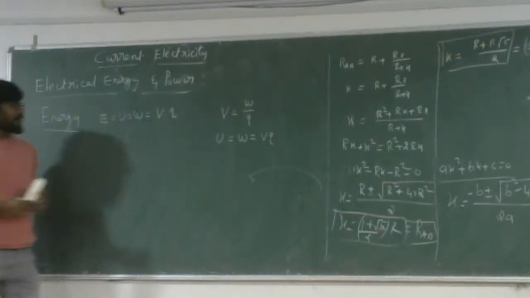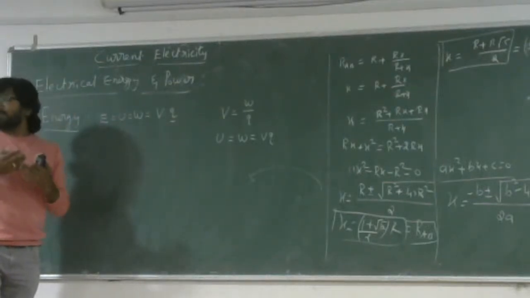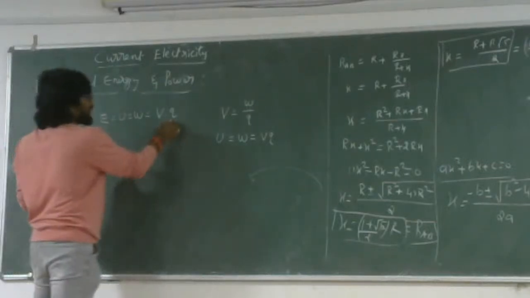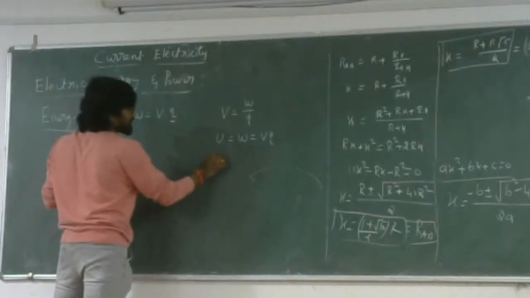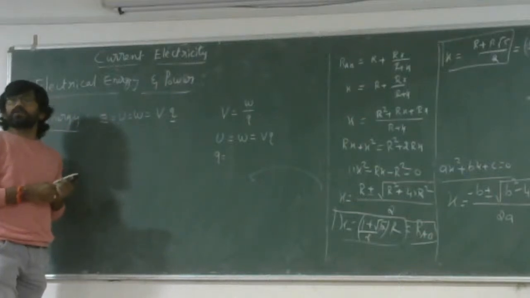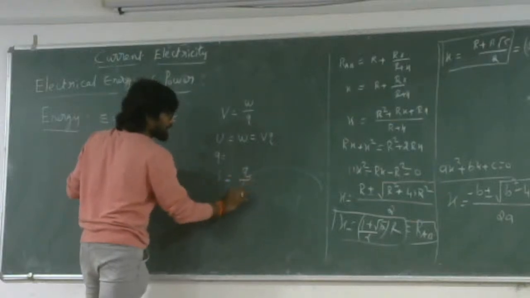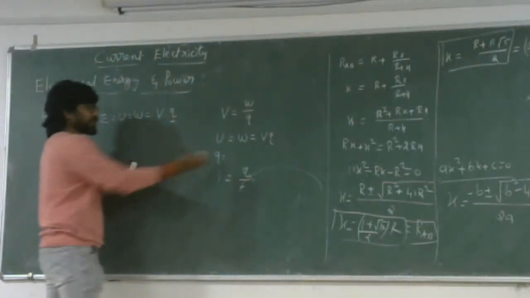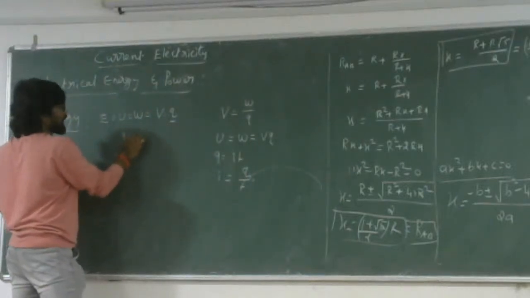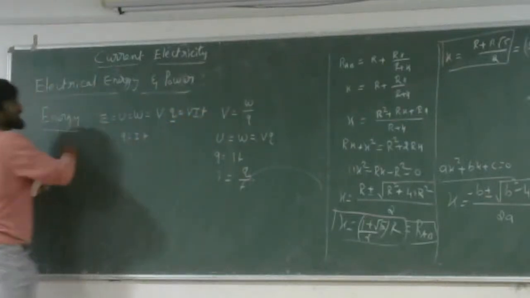If charges are flowing in a circuit, these charges will constitute current. So you can also say Q is equal to, in terms of current, I into T, because the definition of current is I equal to Q by T, or dQ by dt, so Q is equal to I into T. Because Q is equal to I into T, you can write V I T as the electrical energy.